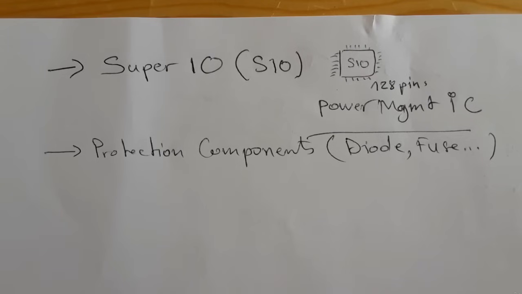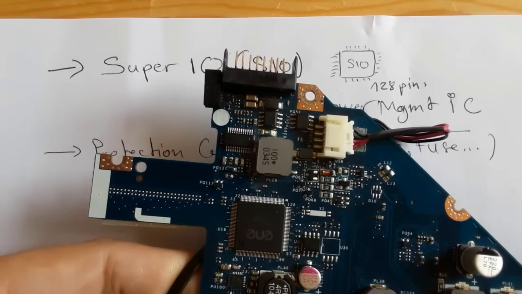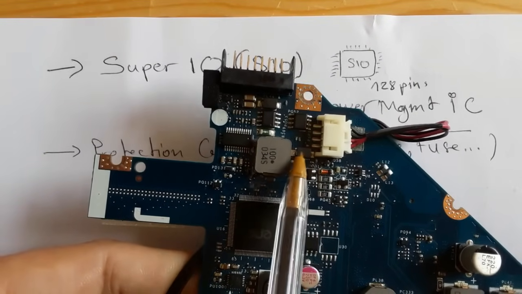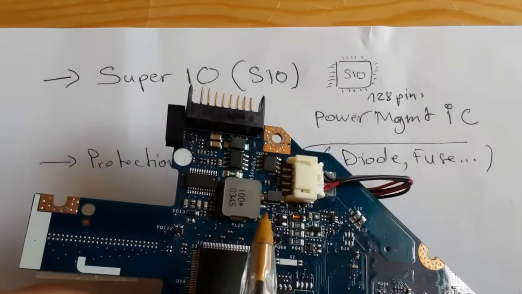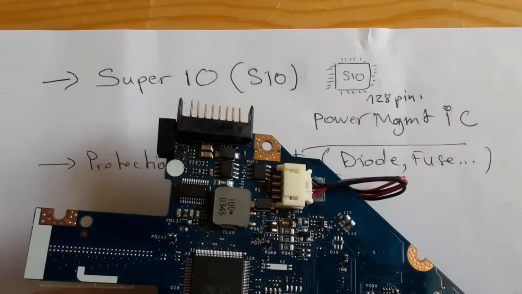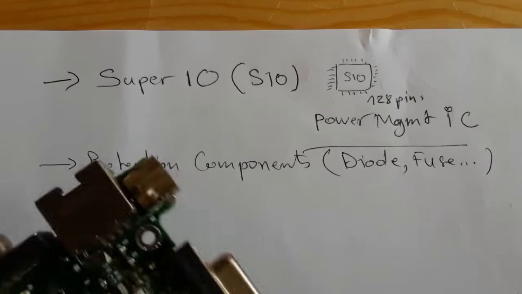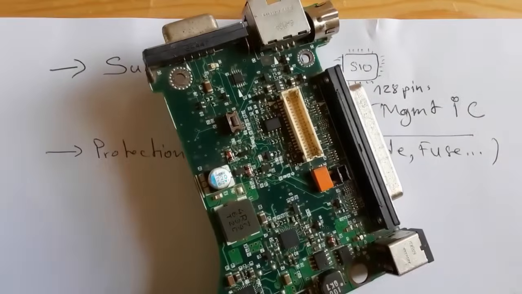They have the purpose of protecting the whole motherboard from a high voltage or a high current. As you can see, you have the diode here in this motherboard. They protect the circuits of the motherboard from a high current or a high voltage. That's why we call it a protection component.